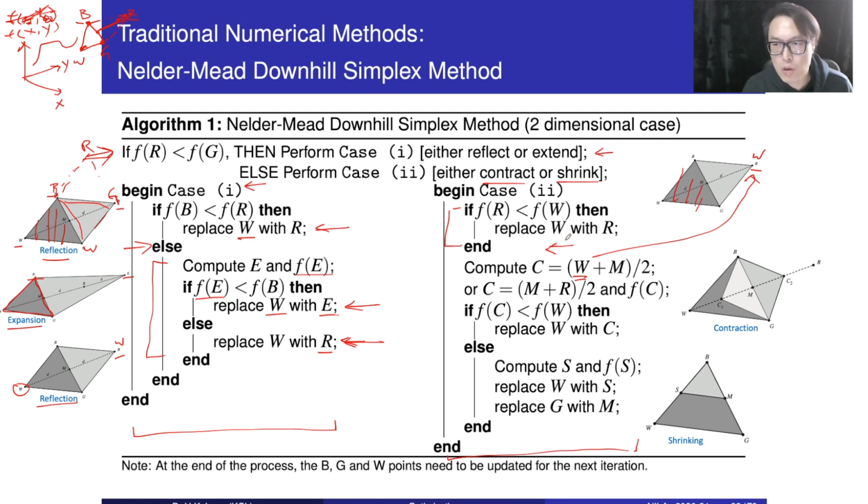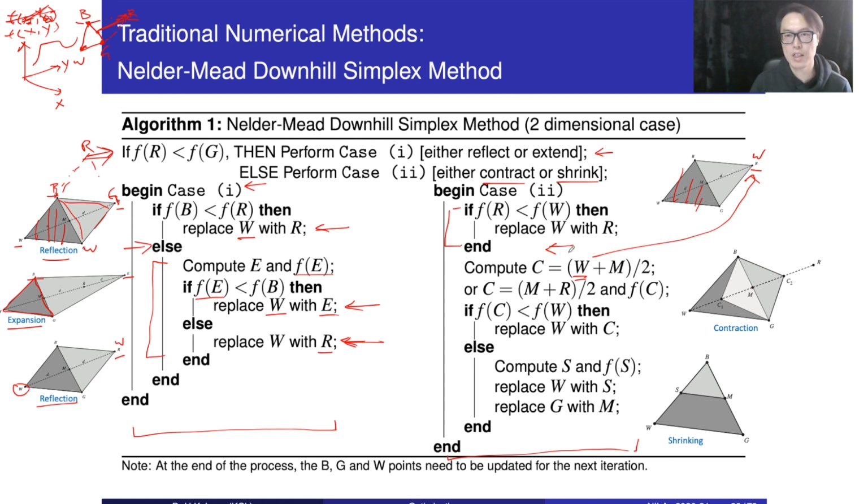After we get to this point, we do not need to relabel BGW, because according to this logic, this R point is larger than the good point. That means this point's cost will not be better than G and B, it is just better than W. So when we replace W by R, we still have this order: B, G, W.